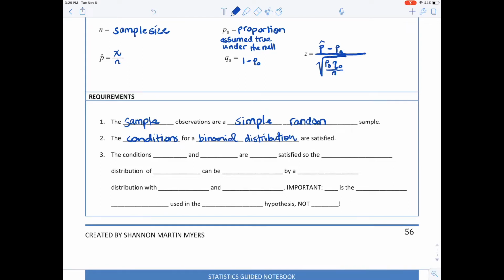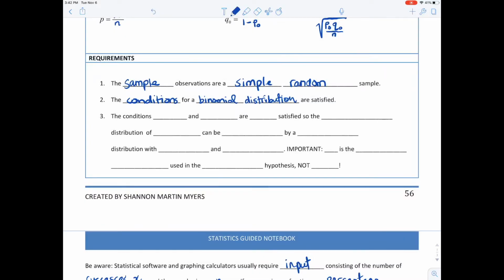So what does that mean? There have to be independent trials, so the probabilities don't change. And we have to make sure the conditions that NP and NQ are greater than 5. That's what it is in most textbooks.